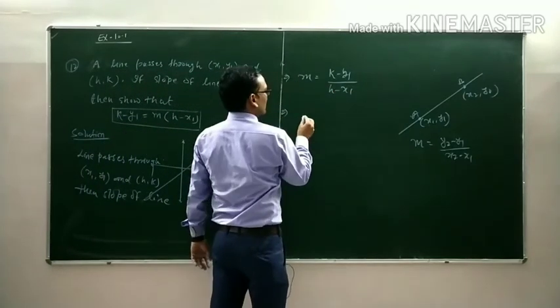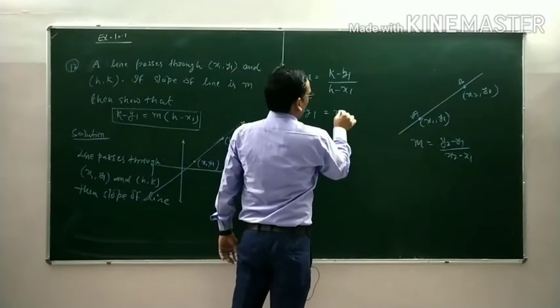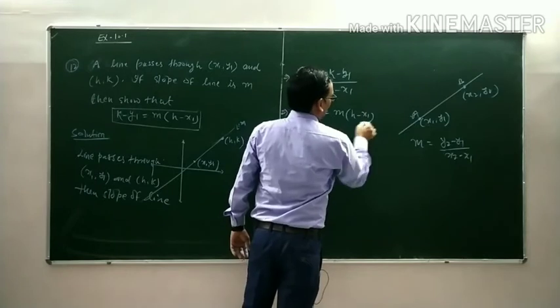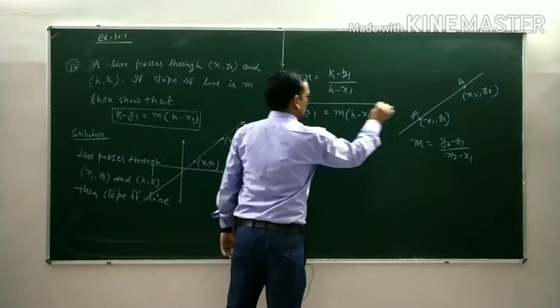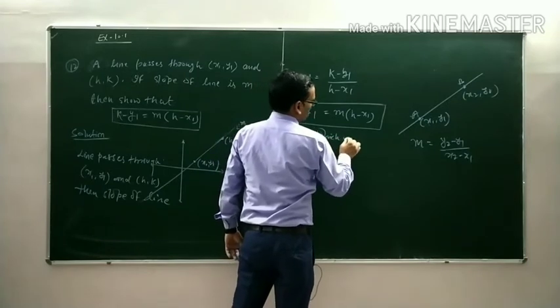This implies that k minus y1 equals m into h minus x1. Hence proved, which is required.